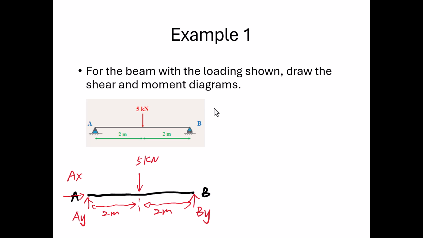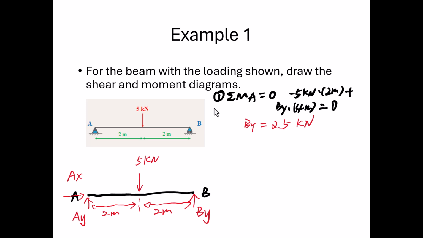So what we did in the previous lecture, it's time to use the 3 equations of equilibrium. For example, first, sum of moments about point A is 0, which means negative 5 kilonewton times 2 meters plus By times 4 meters equals 0. In this way, we solve By equals 2.5 kilonewton.